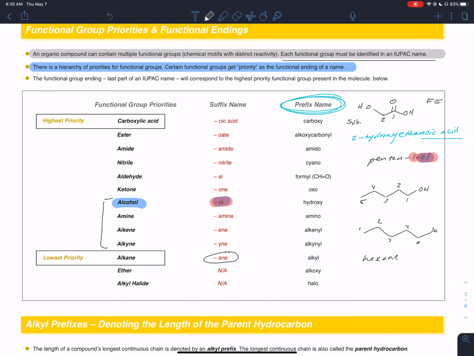And the alkyl prefix eth represents that there are only 2 carbons in the molecule. And again, here the alcohol was a substituent named in a molecule that had a higher priority functional group, and we used the prefix name for the alcohol to denote its presence, the prefix name hydroxy.